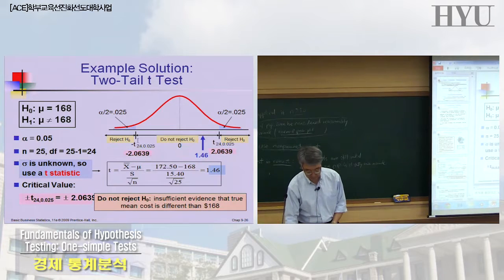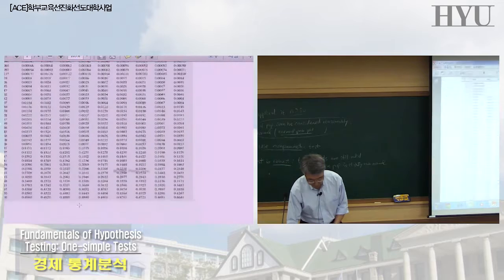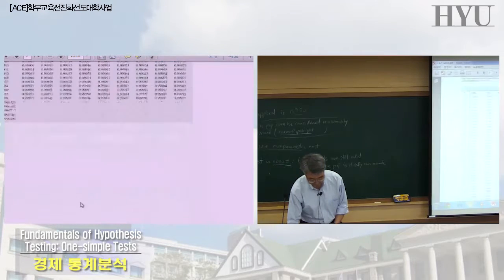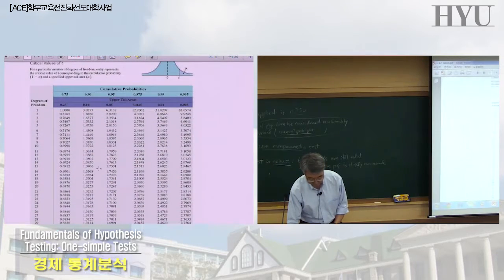And then we have to set up the rejection region. In other words, we have to find the critical value. So the critical value of the t statistic, which has 0.025 on each outside tail, with degrees of freedom of 24. We go to the t-table.